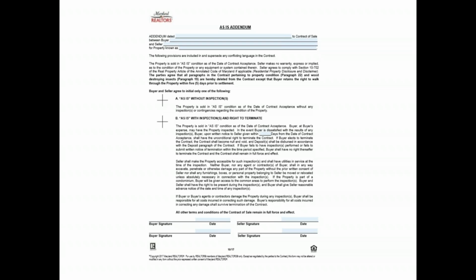Any other questions on the as-is addendum? I think in the example with the roof, if the seller repairs it, does the buyer have a right to get out of the contract if it wasn't repaired up to the buyer's standard? Is there any leeway there for a buyer to get out of the contract?